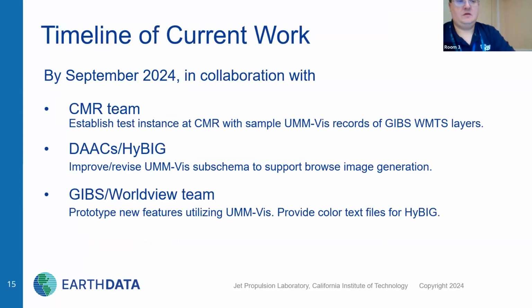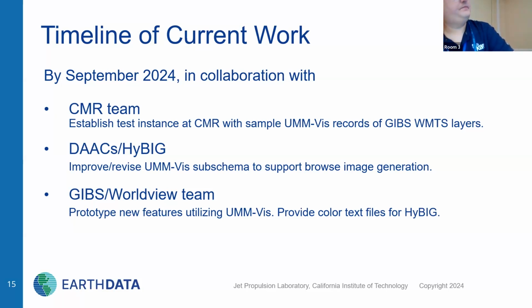And currently, we are already in collaboration with a couple of teams, and we are shooting for the end of this fiscal year with a couple of things accomplished. With the CMR team, we are trying to establish a test instance with a sample UMVS record for selected GIBS WMTS layers.